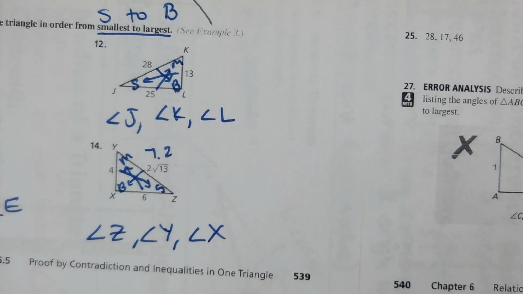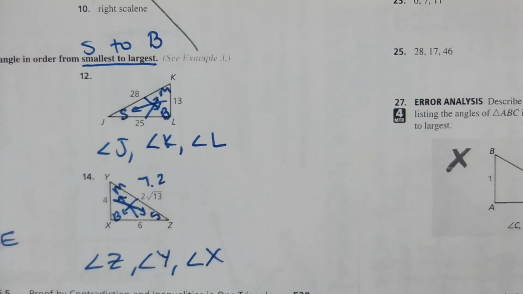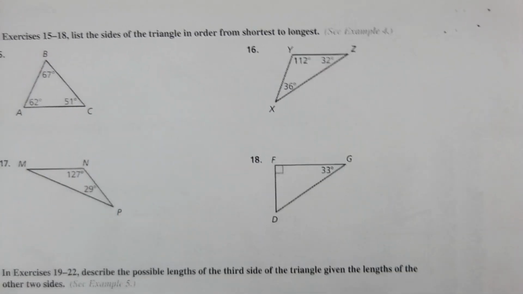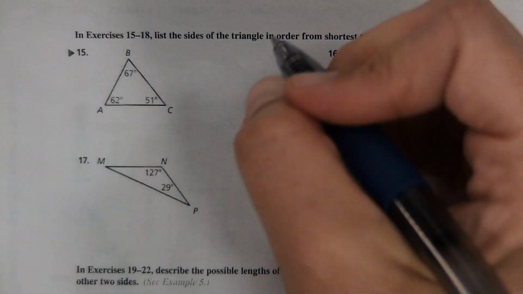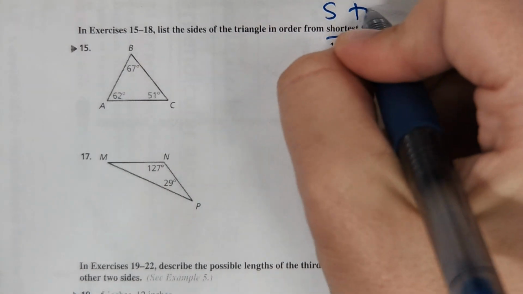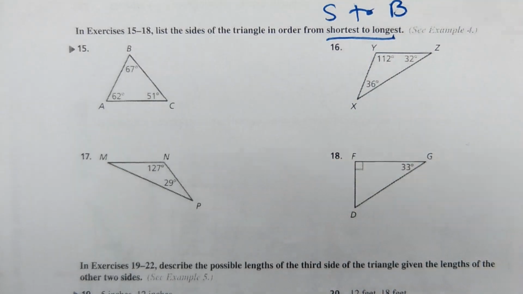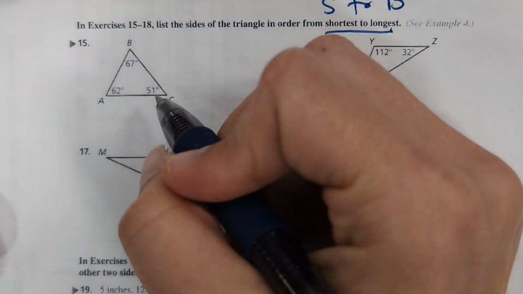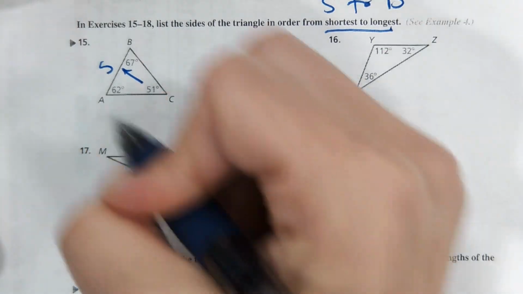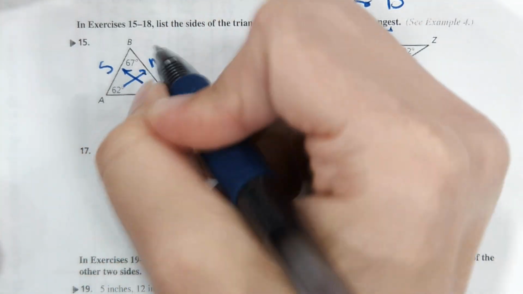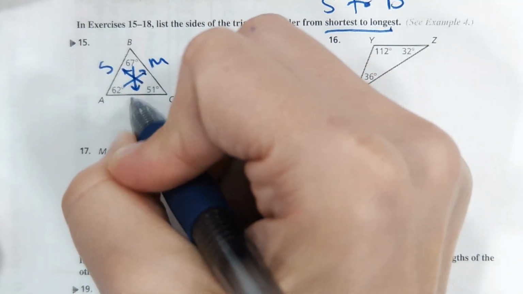Okay, then on the other page, we're going to do number 15 next. Okay, 15, list the sides of the triangle in order from shortest to longest, so S to B, like small to big. Okay, so here, our smallest angle right here, so this would be our shortest side, medium length side, and then biggest angle opposite that is our biggest side.